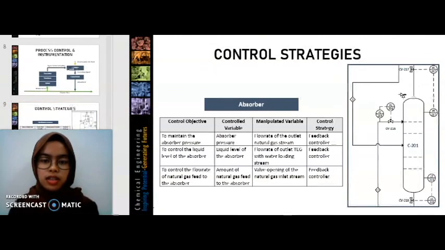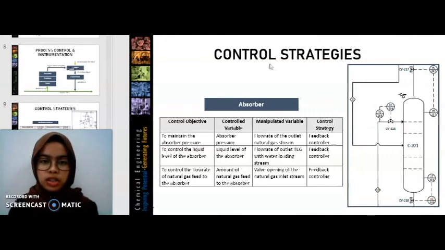Next, the control strategies for another equipment, which is the absorber. The flow rate of TEG is controlled to ensure the performance is maximized and the efficiency of the absorber is enhanced in the dehydration unit system.